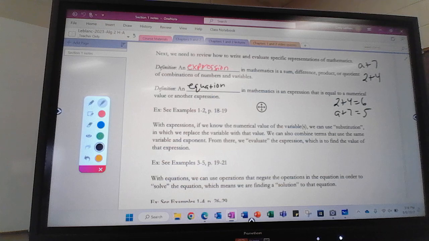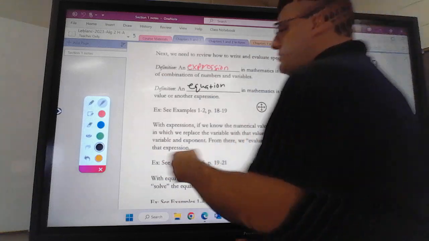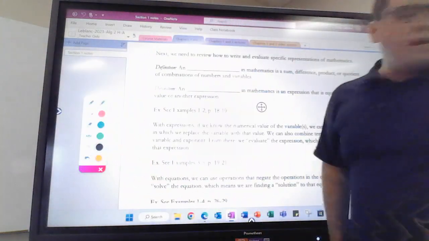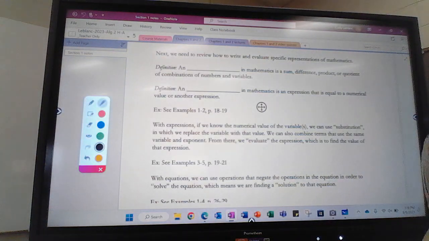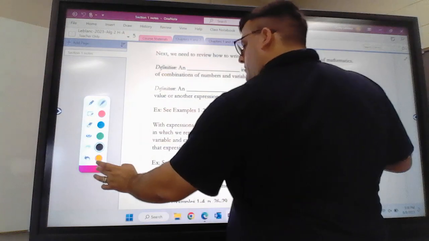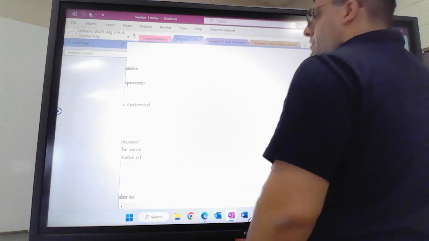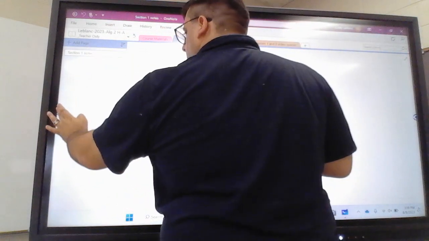So first thing that we want to make sure that we remember how to do is to take a sentence full of information and convert it to an expression. Like, for example, let's say I want to write this as an expression.